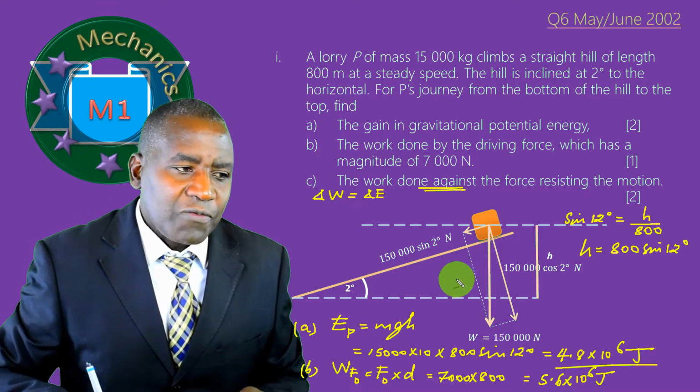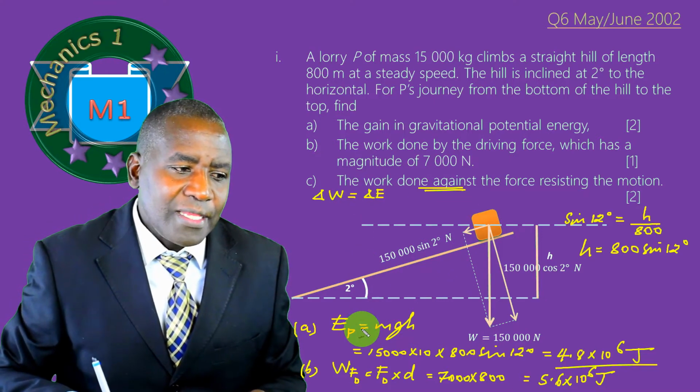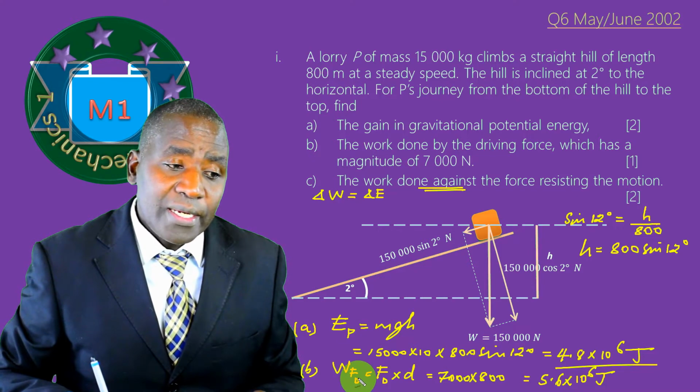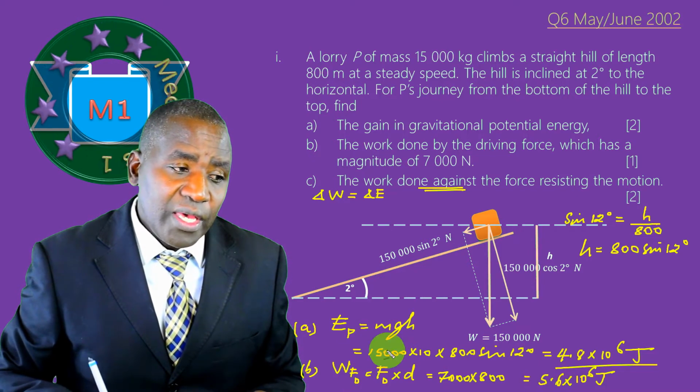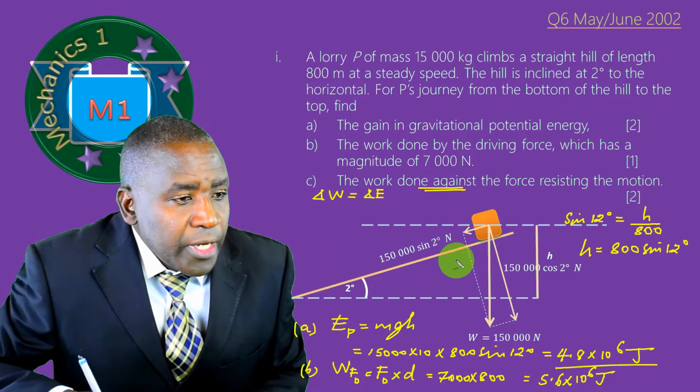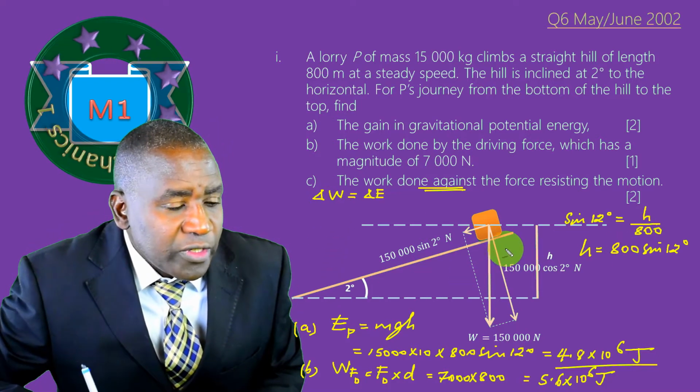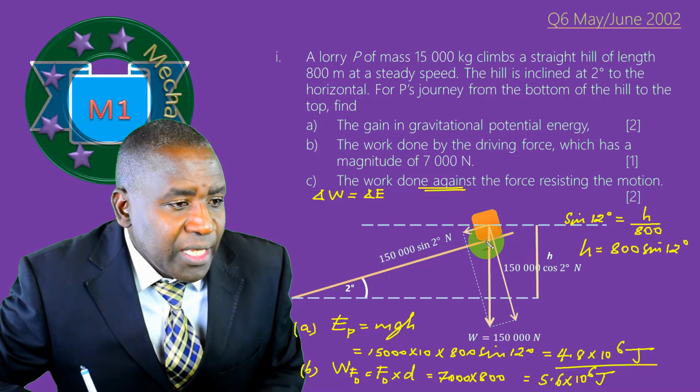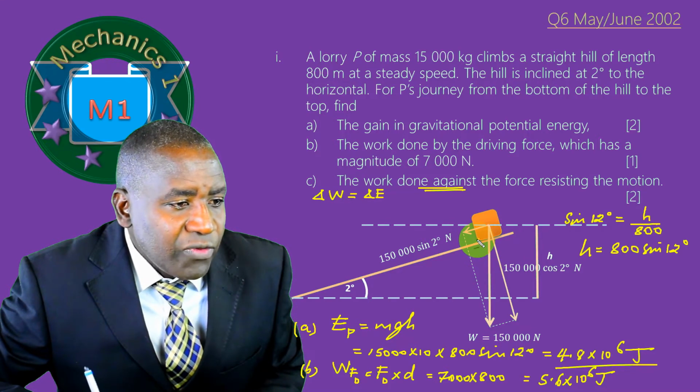What are these two external forces? The two external forces are the driving force and the frictional force. So remember, the frictional force, the force resisting the motion, must be acting down the incline.